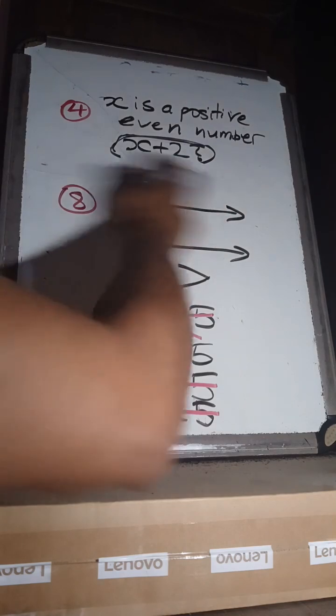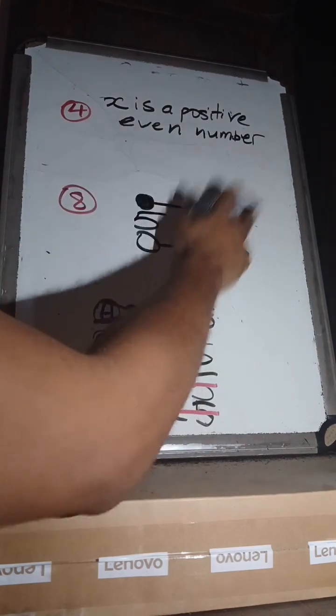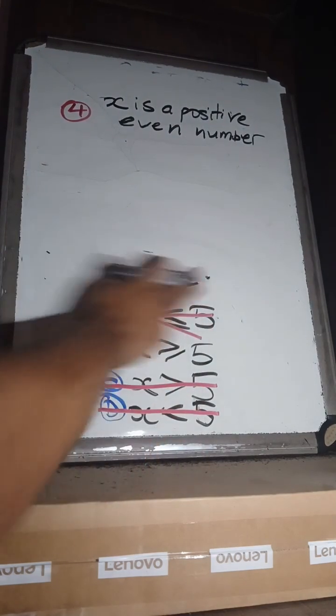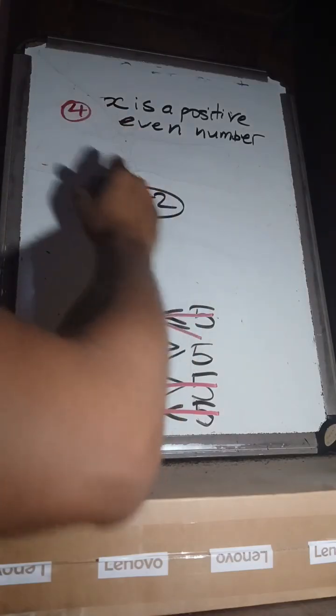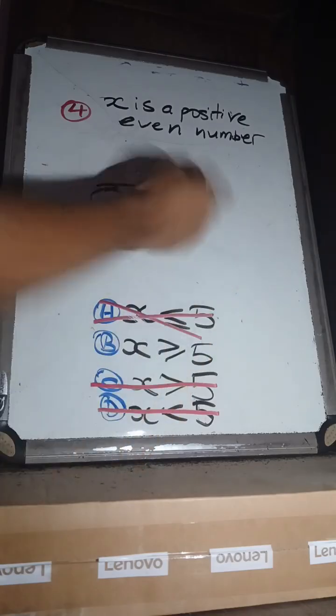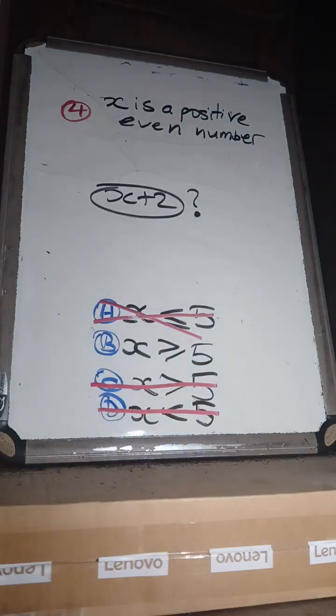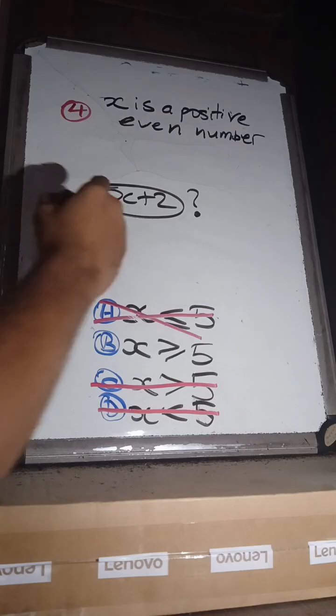Alright, hold on. Let me get rid of that. Oh, we're done with number 8 anyway. So yeah, they want to know what would happen with x plus 2. I mean, use any of the even numbers you have.